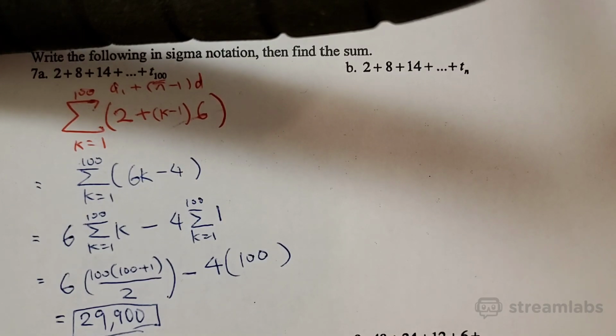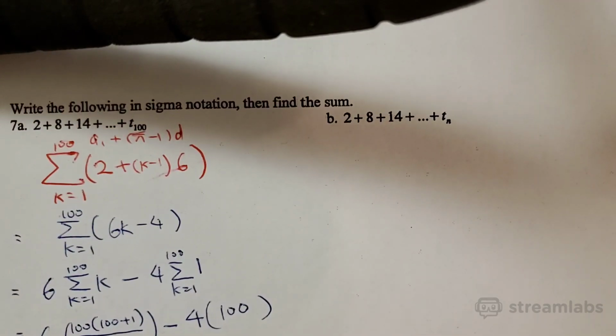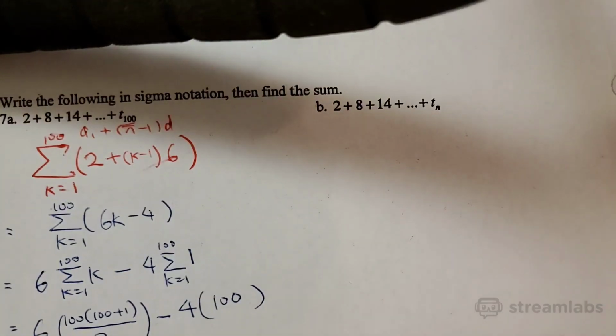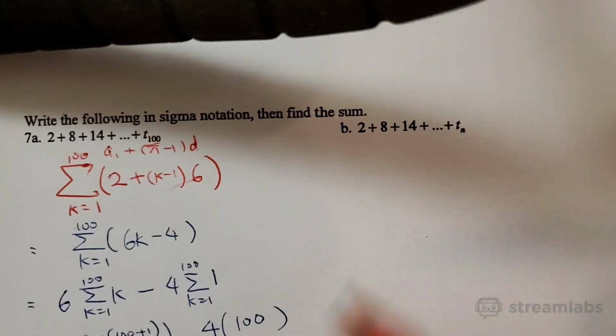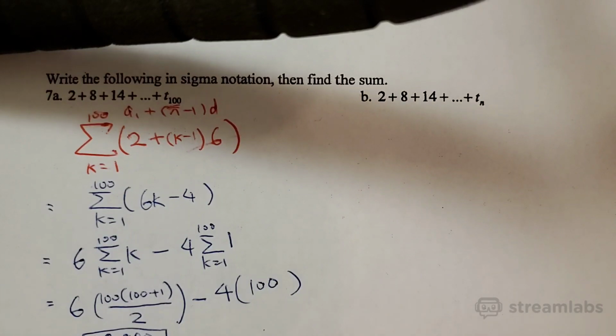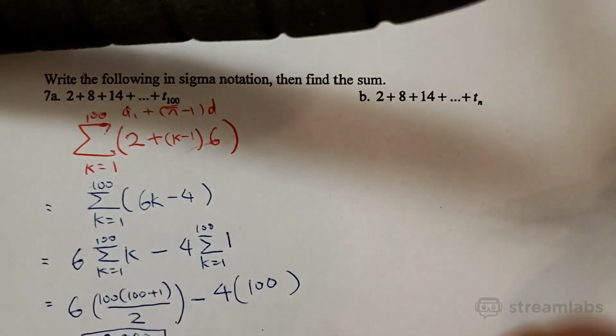Let's see. So 2 plus 8 all the way to the nth term. When we do this, let's look. Everything else here is the same.